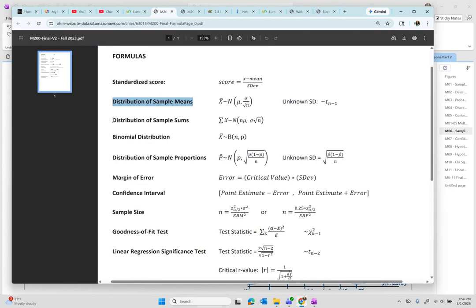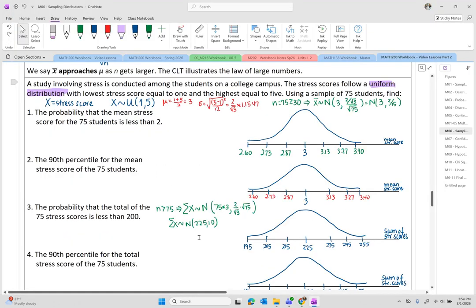And the distribution of the sums also follows a normal distribution with mean n times the mean of the variable and standard deviation sigma times the square root of n. Now these assume that you have a sample size n greater than or equal to 30. Otherwise, you will not be following exactly a normal distribution. You will have to do other approximations that we will discuss later in this class.